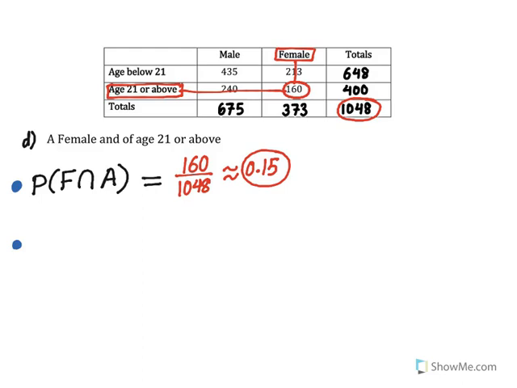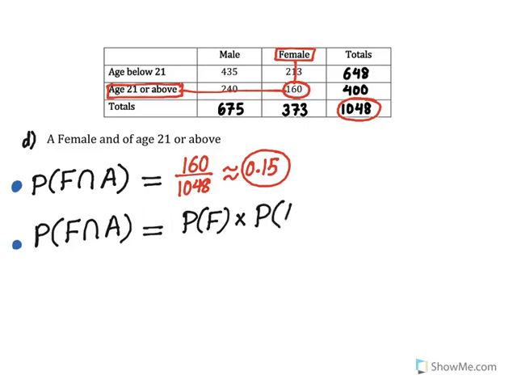You can also use the formula for probability of the and, F and A. Probability of F and A is, if you remember, probability of F times probability of A given F. Because here there is the fact that a female is chosen. If you choose a female already, it affects the age above 21.